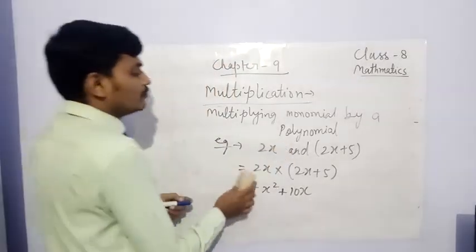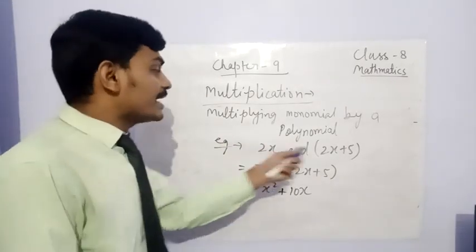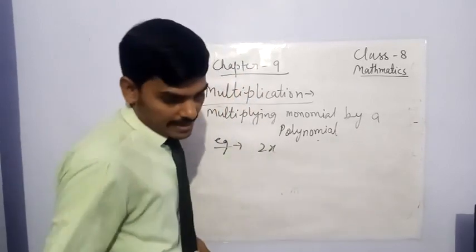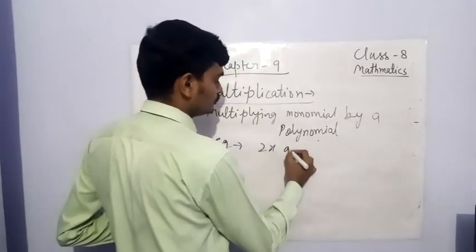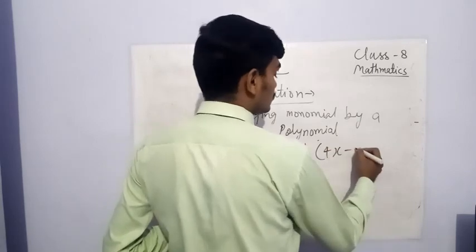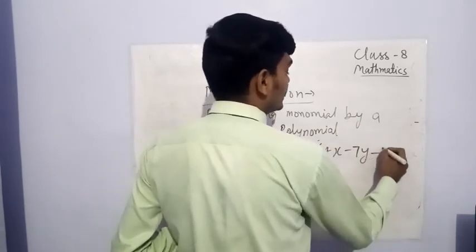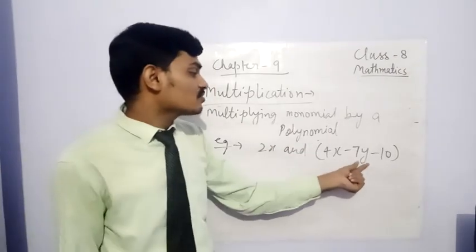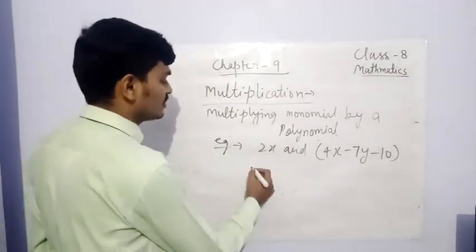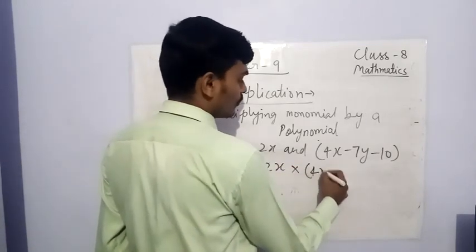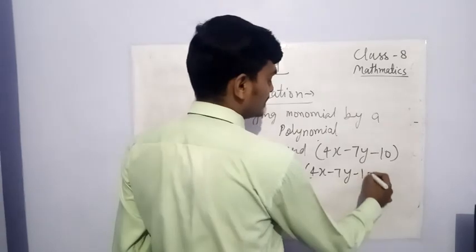Okay. Now we take a trinomial, for example 2x and 4x minus 7y minus 10. Now you have to multiply 2x into 4x minus 7y minus 10.